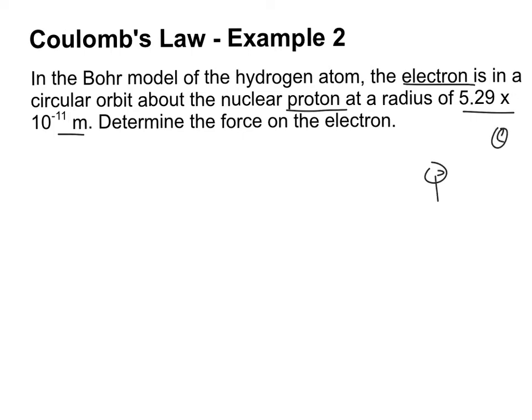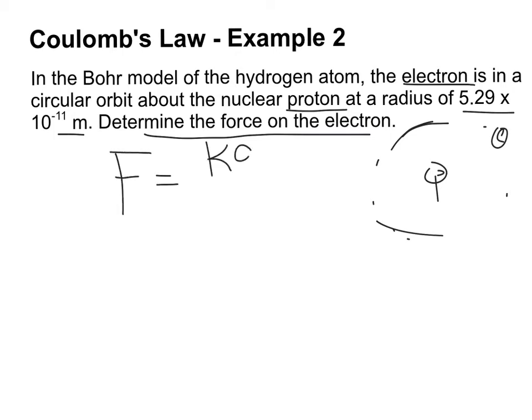We've got a proton, an electron, and in the Bohr model we think about it as orbiting around there. We want to determine the force that the electron is experiencing. Well, in order to think about that Coulomb force, we're going to use our Coulomb force equation. That Coulomb force is K times Q1 times Q2, all divided by the separation distance squared between the two objects.